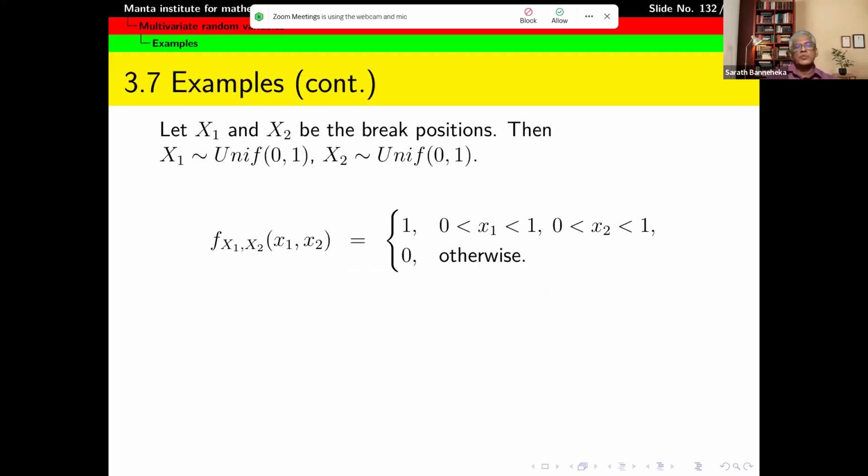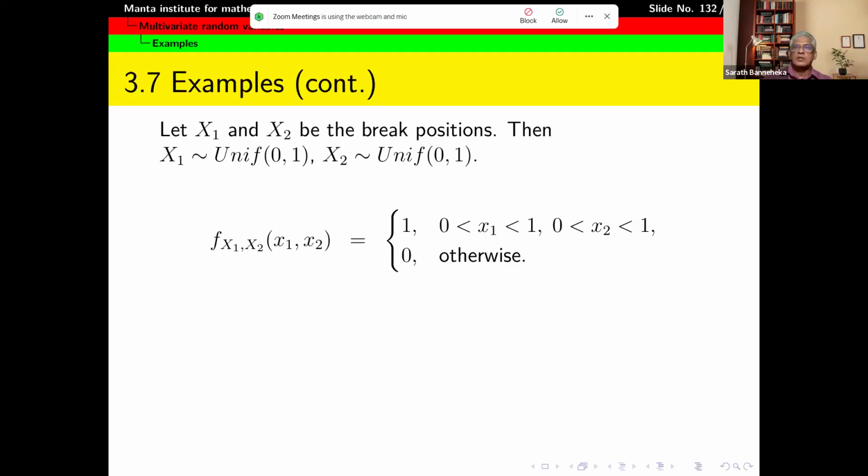So let x1 and x2 be the breakpoints, right? So suppose the left end is point 0 and the right end is point 1, on a scale. Then there are 2 points where the stick is broken randomly. So on the scale, they will be x1 and x2, right? The first broken point is denoted by x1, the second broken point is denoted by x2.